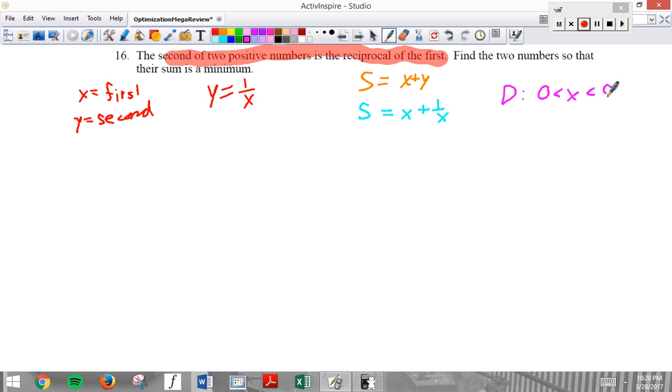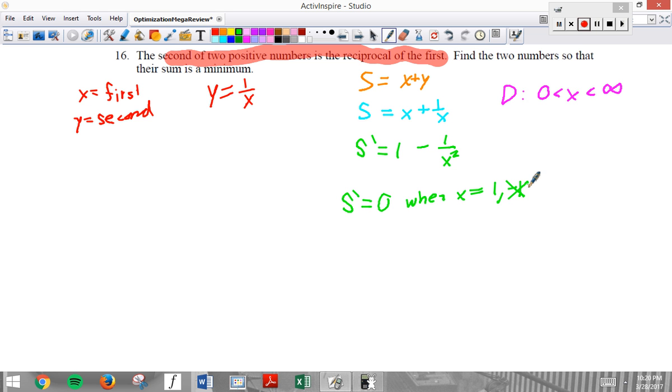But there is no upper bound because as long as x is positive, y will be positive in this world. Okay, so now I want s prime. 1 minus 1 over x squared. S prime equals 0 when x equals 1 or negative 1.